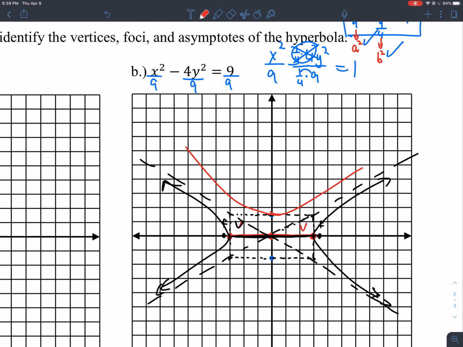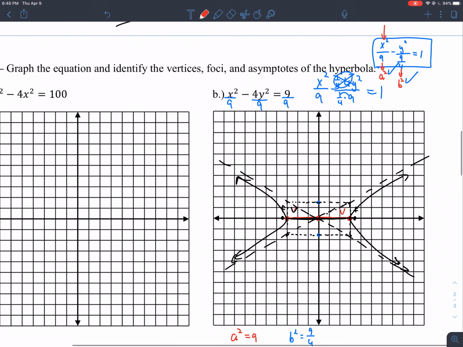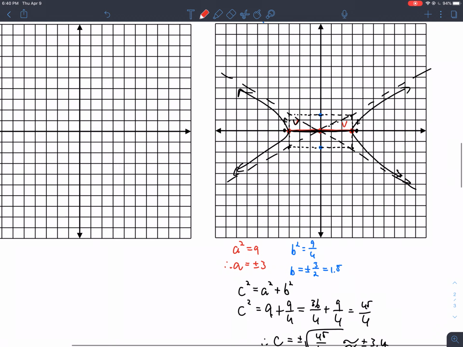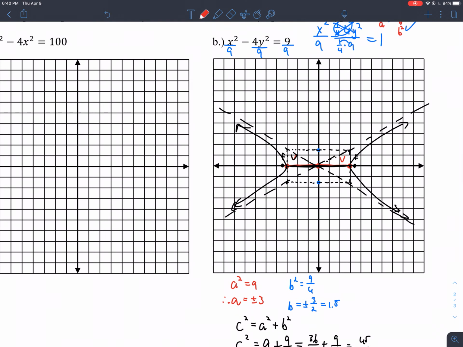That's totally out of place because there's no foci, and there's no transverse axis. It doesn't make any sense. So that's really all you need to draw a hyperbola.